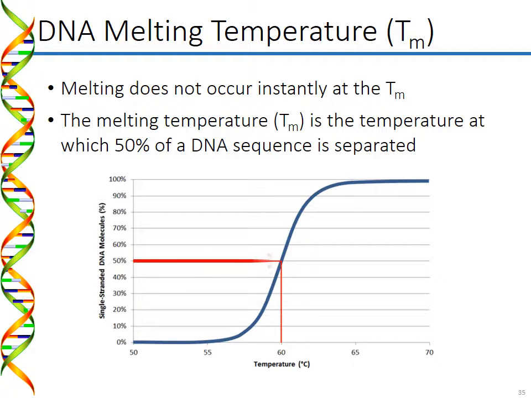And so the Tm is defined at this point where 50% are double-stranded. In this particular graph, we have a Tm of 60 degrees Celsius.